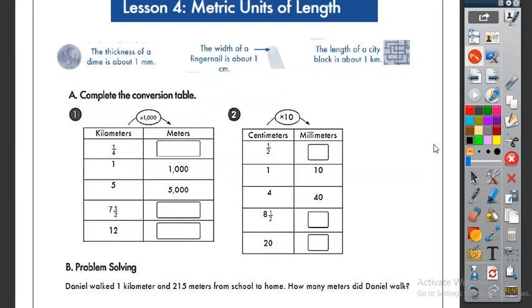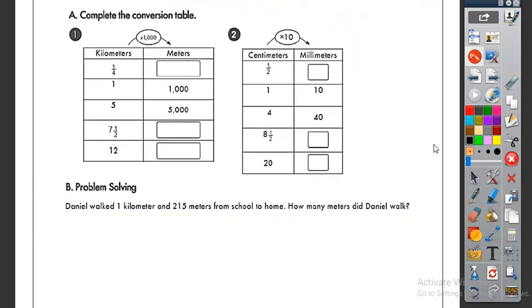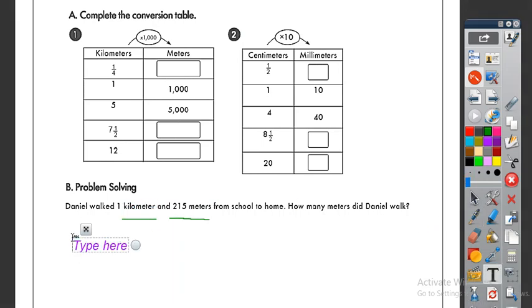Okay, look at the second question here. Danielle walked 1 kilometer and 215 meters from school to home. How many meters did Danielle walk? So here we want meters, but I have 1 kilometer. So you are going to say, well, 1 kilometer equals 1,000 meters.